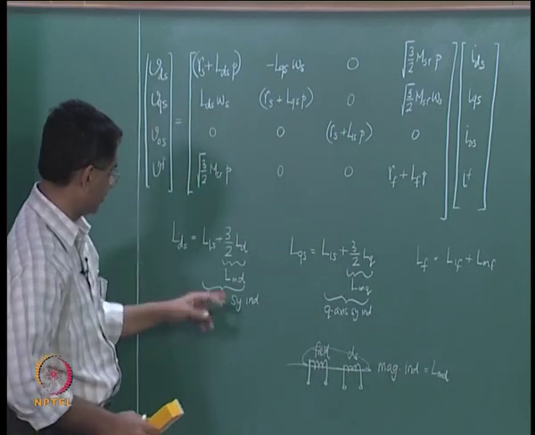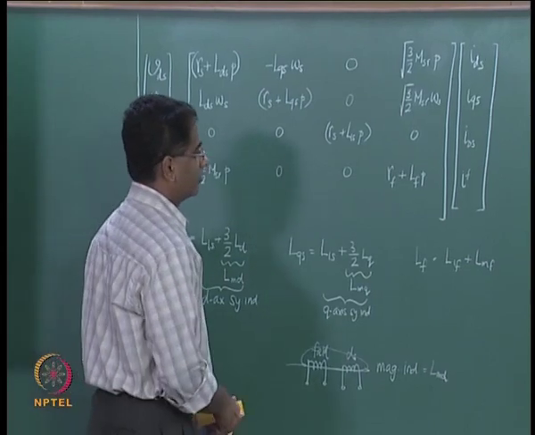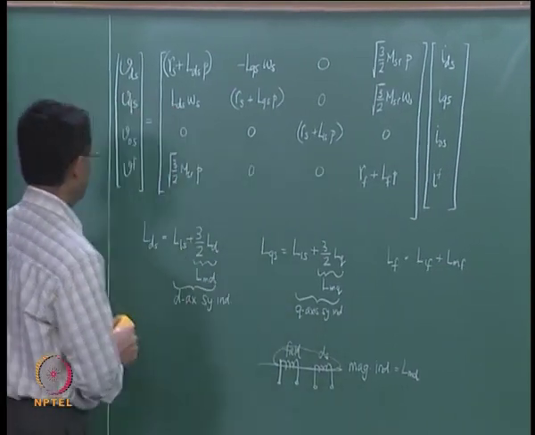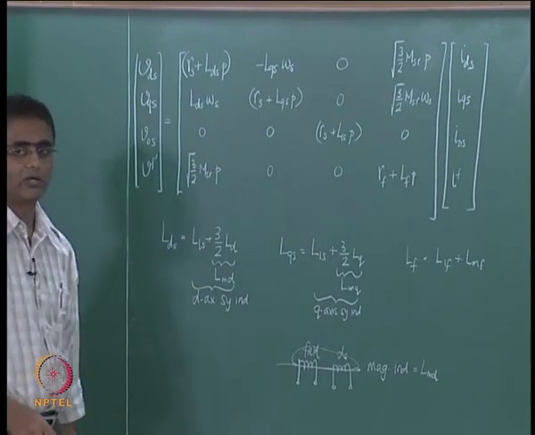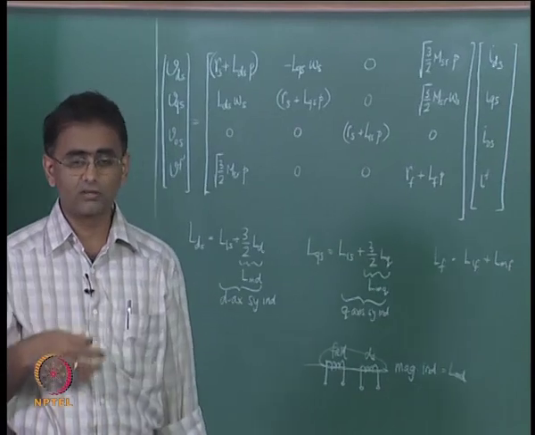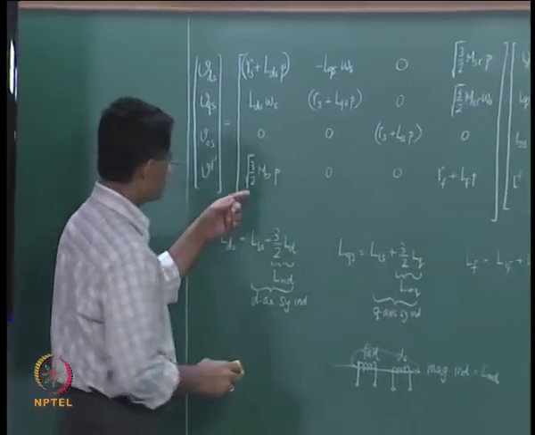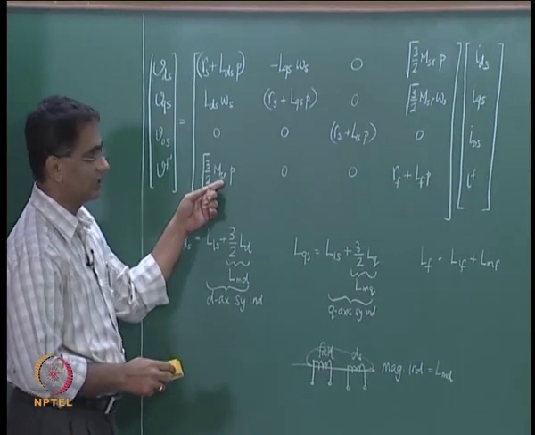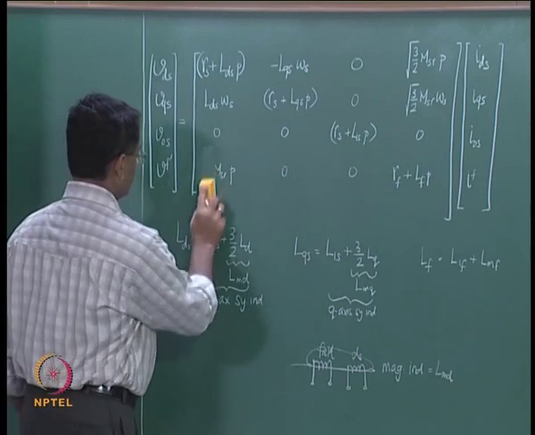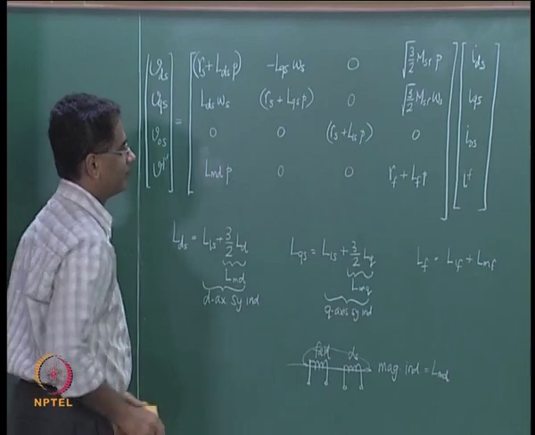So with that, Vf dash becomes the stator turns referred field voltage, and here what you get is 3 by 2 times MSR into the turns ratio, which then becomes LMD.